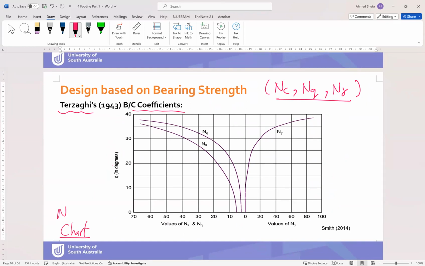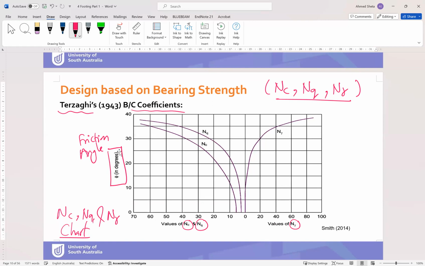So in this chart, we can find Nc, Nq, and Ngamma. As you can see, we have phi, the friction angle, on the y-axis, and we have values of Nc and Nq and values of Ngamma on the horizontal axis.